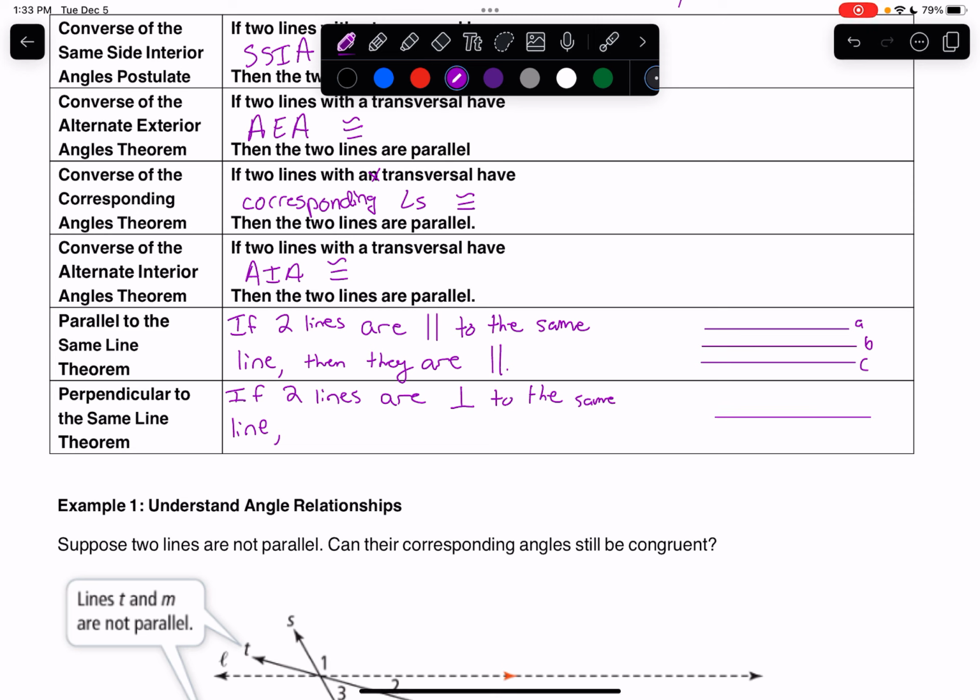And here's a line that is perpendicular. Maybe this is line A, perpendicular to the first line. Here's line B, also perpendicular to the first line. What can I say about A and B? I can say that A and B are parallel.